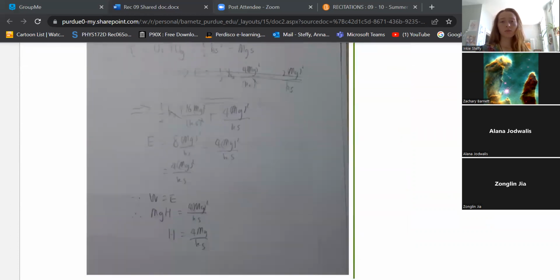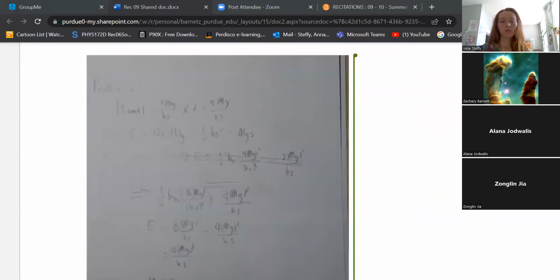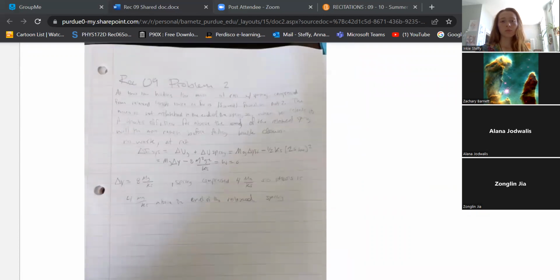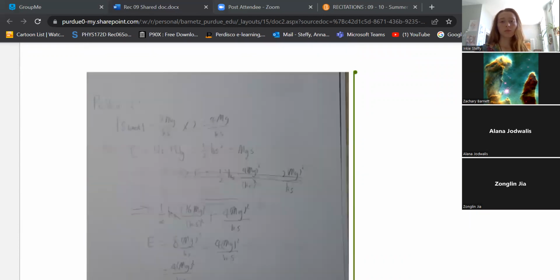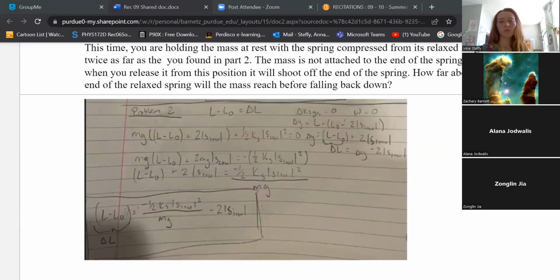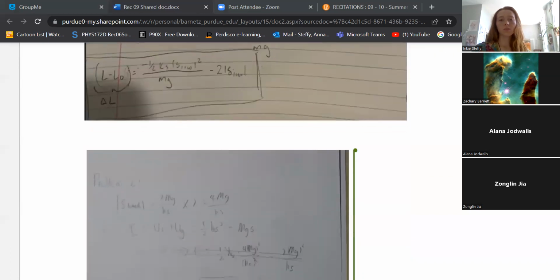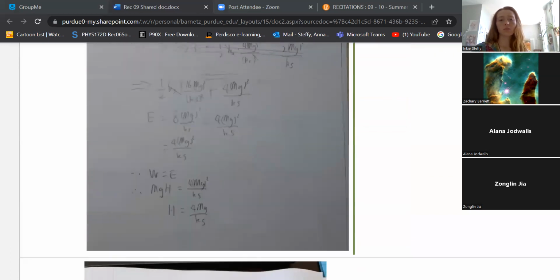Delta y equals the whole equation written out there. Then plug that into the equation and solve for L minus L naught. That was the equation I got at the end there: the distance between the spring compressed and the mass at its highest point.